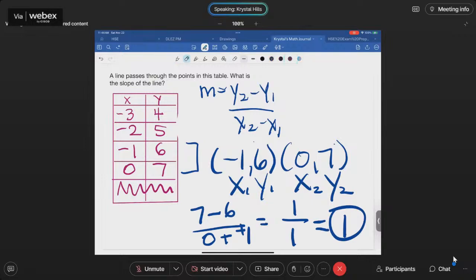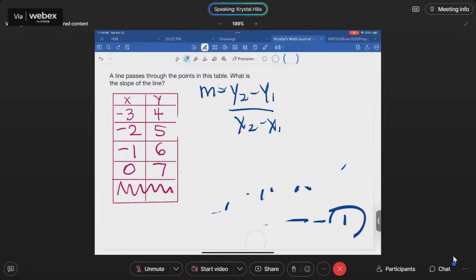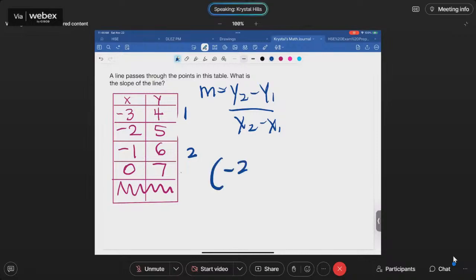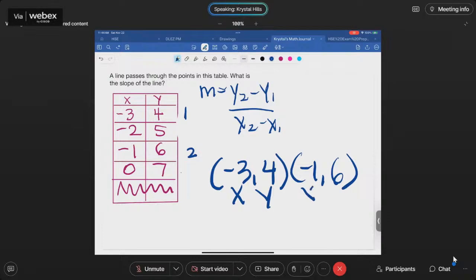That's a really good question, Carly. Let's see. We're going to use this one and this one. So we're going to do -3 and 4, and then -1 and 6. X, Y, X, Y. 1, 1, 2, 2.